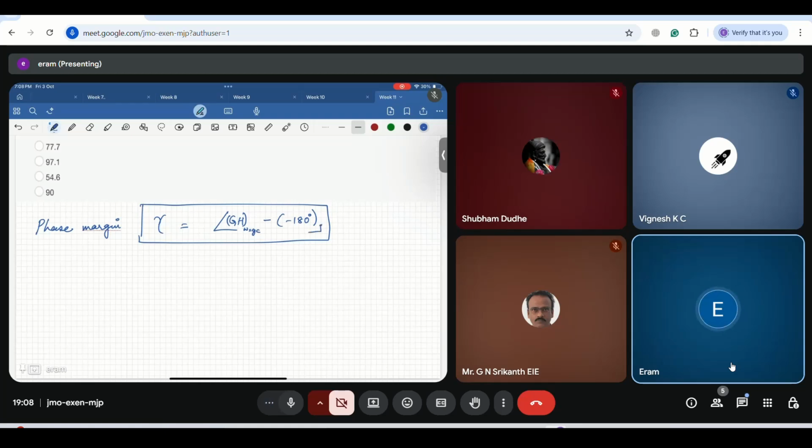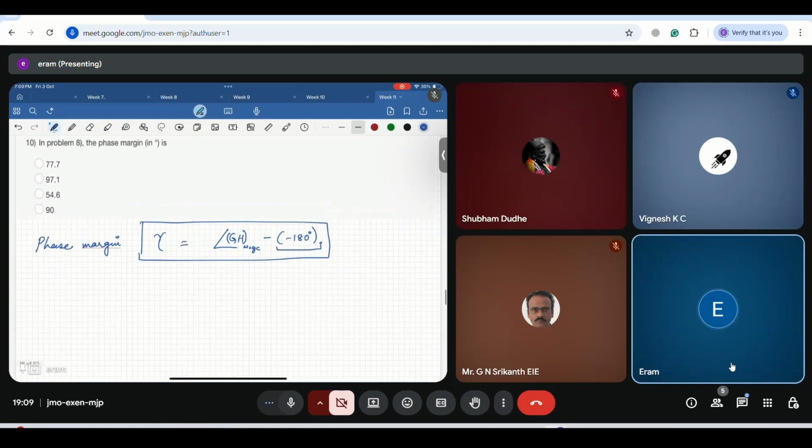So how far you are from minus 180 degrees, that much amount is added to the system and your system becomes unstable.